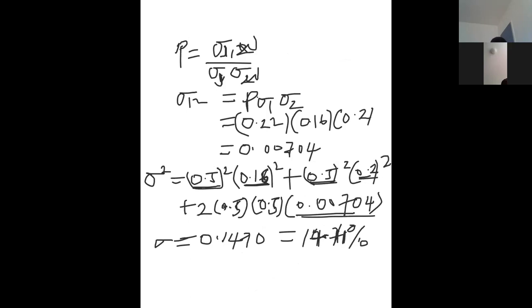Now, if I multiply, this implies that covariance of J and W equals P, which represents the correlation, times the standard error of the first one times the standard error of the second one. Then I will replace this expression. So what Anastasia did was to replace this into the formula.